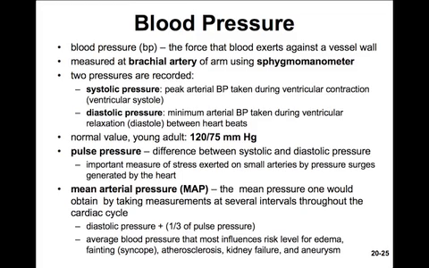The diastolic pressure is the minimum arterial blood pressure, and that's taken during ventricular relaxation, diastole, between the heartbeats. The normal value for blood pressure for an adult then is 120 millimeters of mercury over 75. So 120 systolic and 75 diastolic.